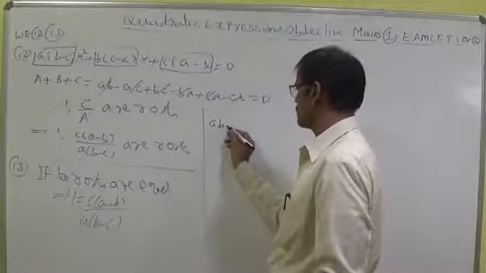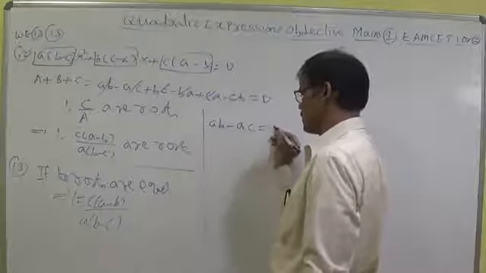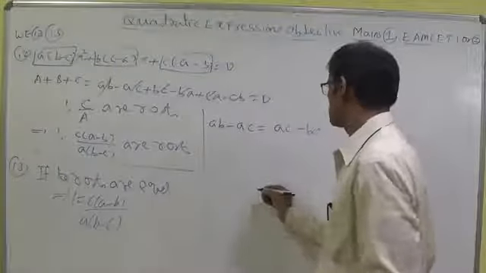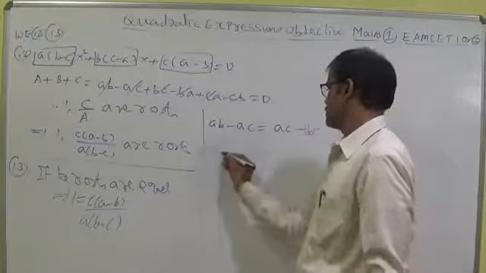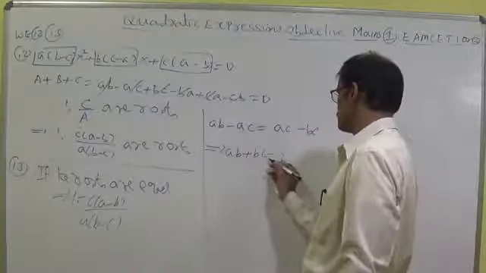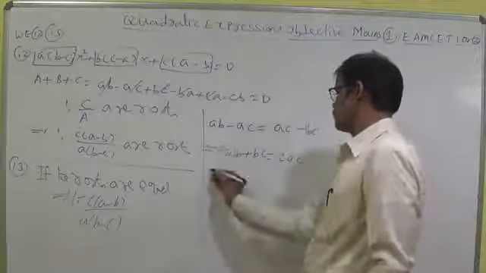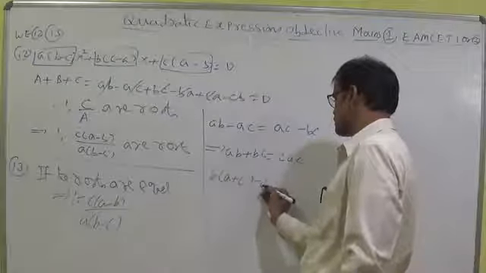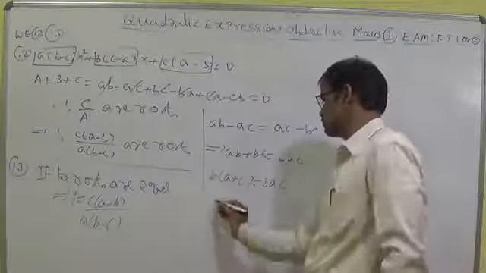Now take cross multiplication: ab − ac = ac − bc. That implies ab + bc = 2ac. B you can take common: b(a + c) = 2ac.